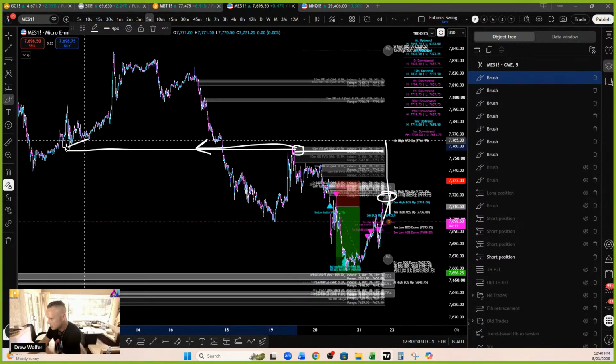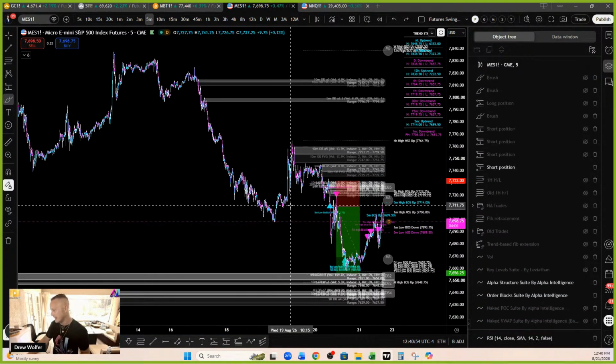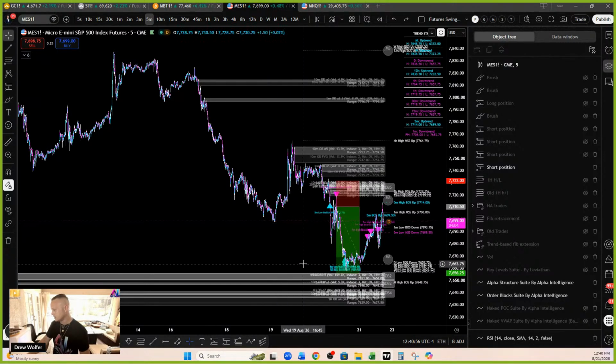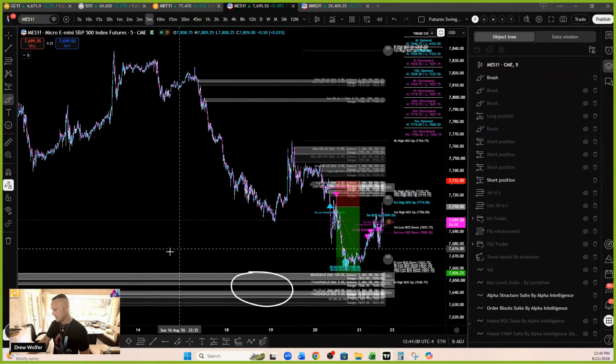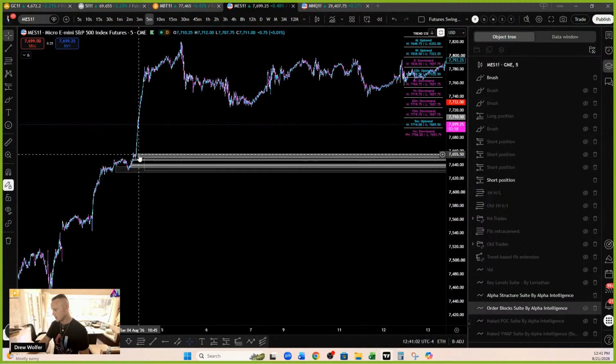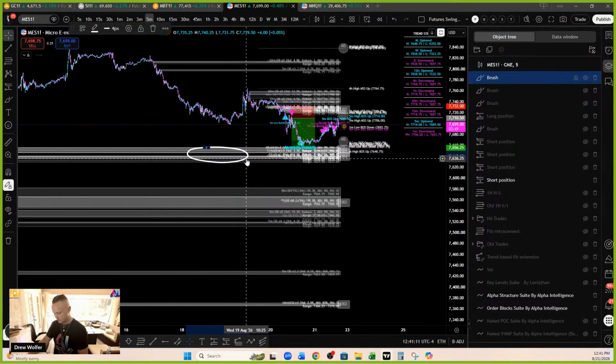If I extended this all the way over here, it would make my chart look crazy, right? The only ones that are extended left are these ones down at the bottom that haven't been hit yet, and it's just because they were created all the way over here. But as you can see, after they're created, they only extend right. They never extend left. So hopefully that answers that question for you, dude.